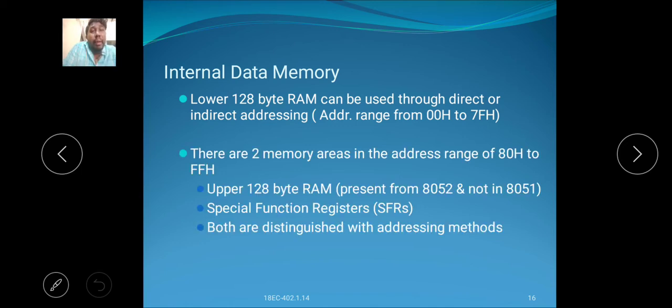There are two memory areas in the address range of 80H to FFH.